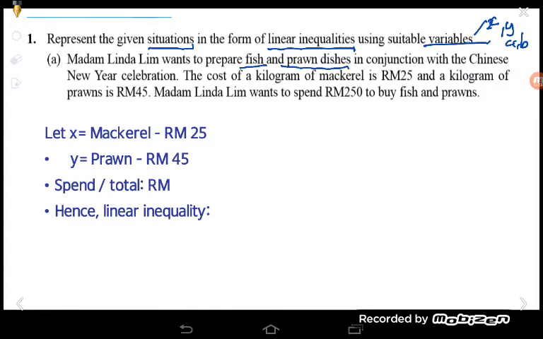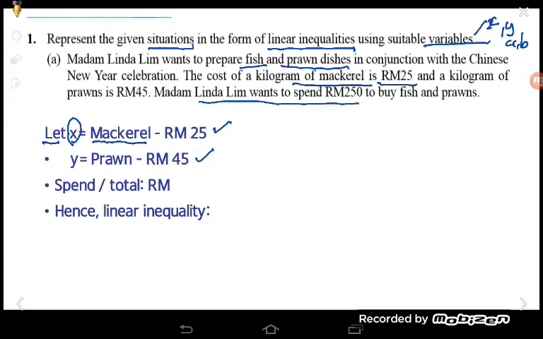The cost of a kilogram of mackerel, a fish, is 25, and a kilogram of prawns is 45. Writing mackerel is too long, so you represent it with a variable. Let X be the mackerel at 25, and Y the prawn at 45.